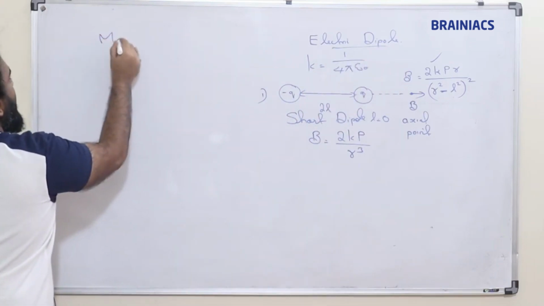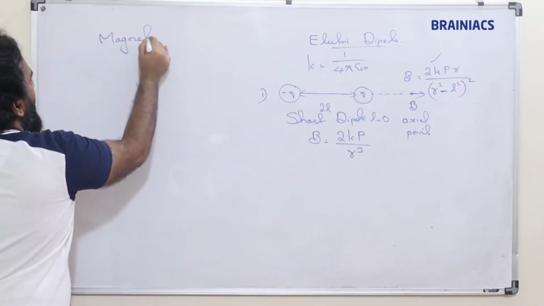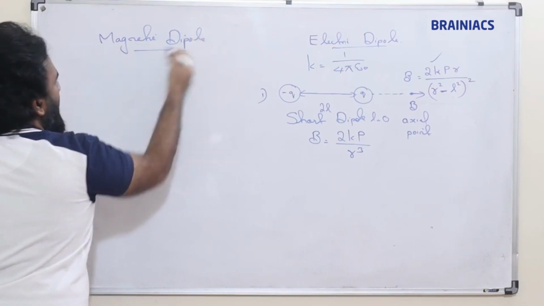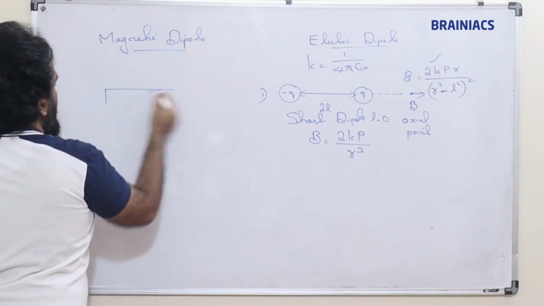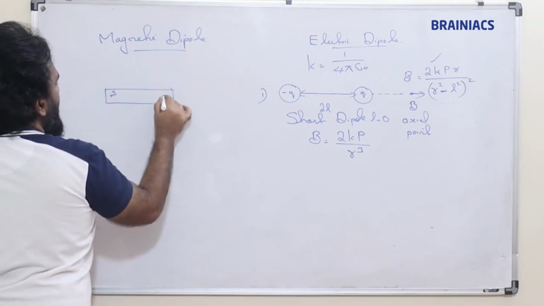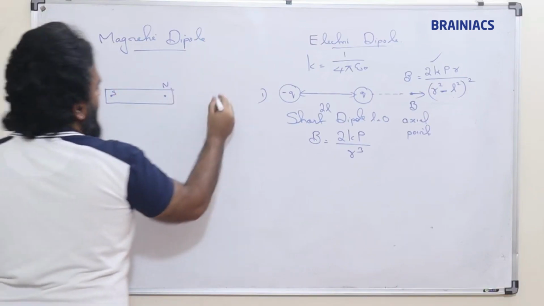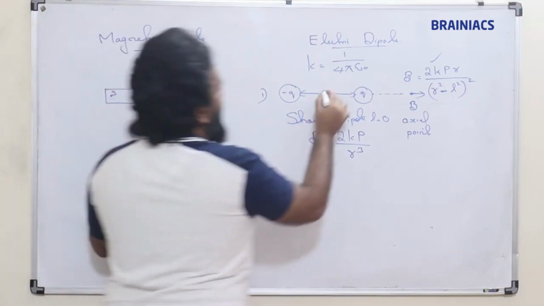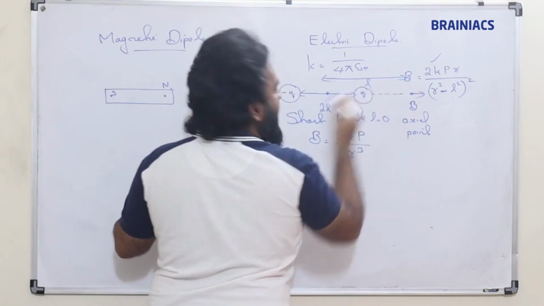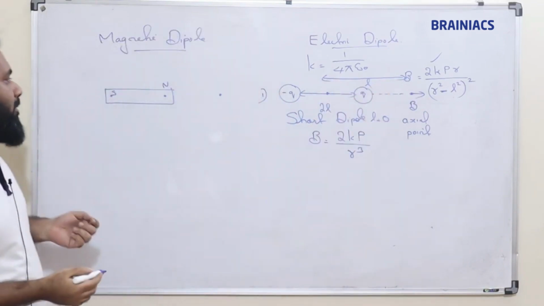Now for magnetic dipole, what can be taken? We will take like this. This is south pole, this is north pole. We consider a point like this. From center, whatever be this distance, that was what was L. That also I should have marked.